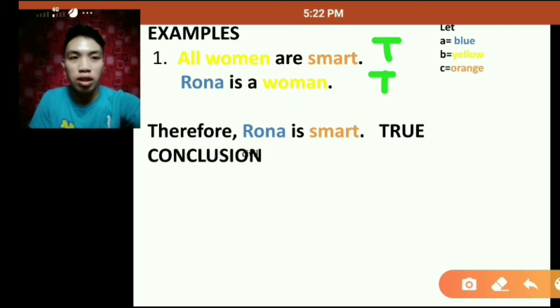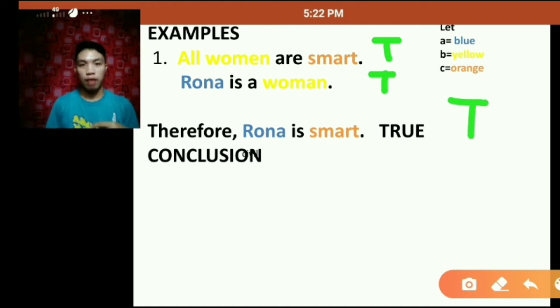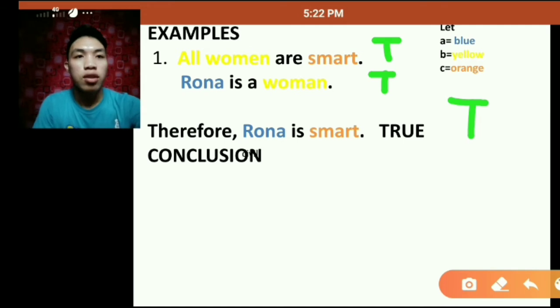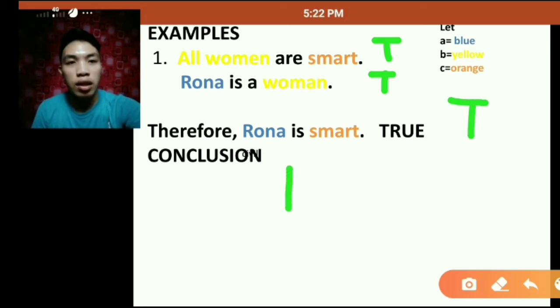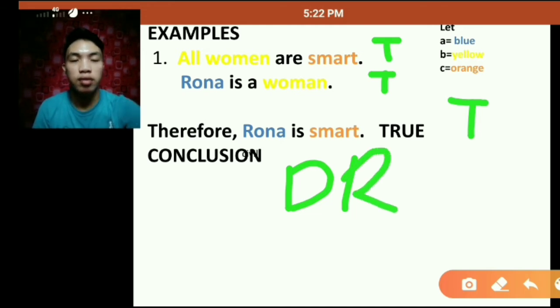So this is correct based on the premises that we have. The second criteria is covered in this example, so this example is really a deductive reasoning.